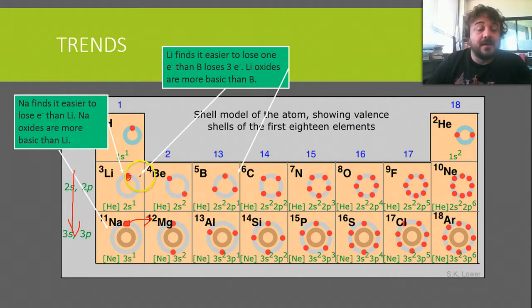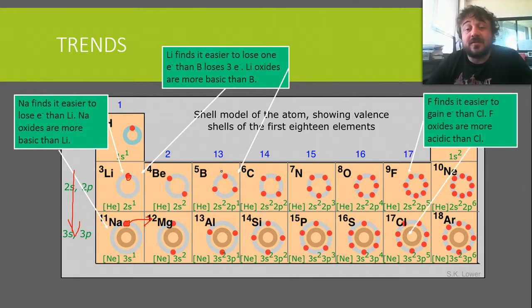It is easier for lithium to form an ion than it is for boron, because to get the stable octet, lithium just has to lose 1. Boron has to lose 3, which means it's easier for lithium than it is for boron. So lithium is more basic than boron in its oxides.